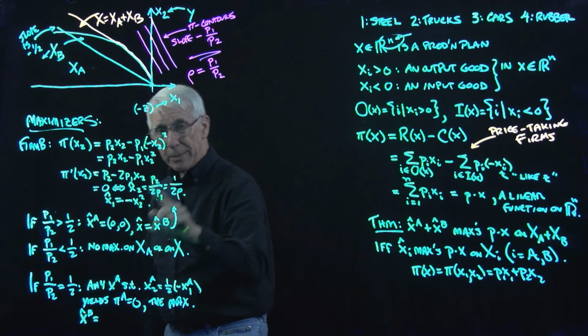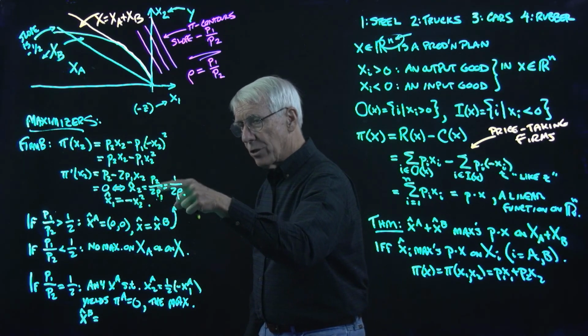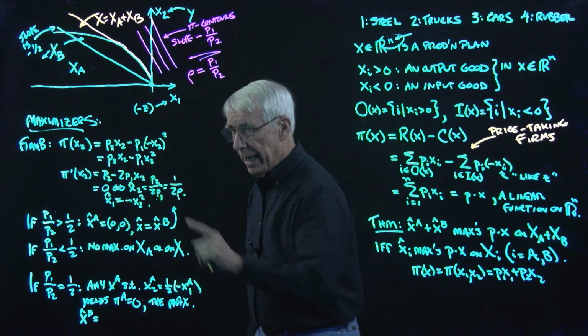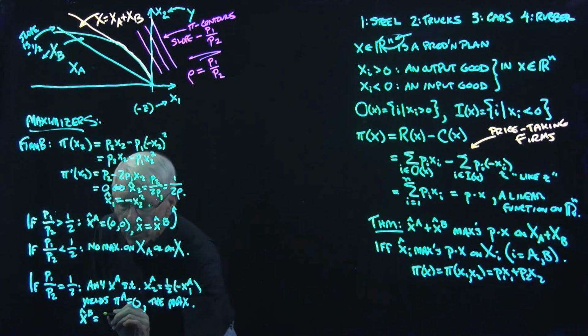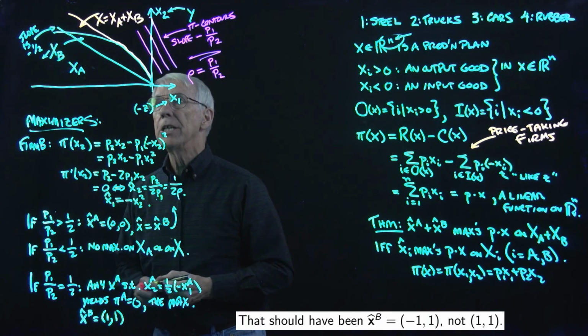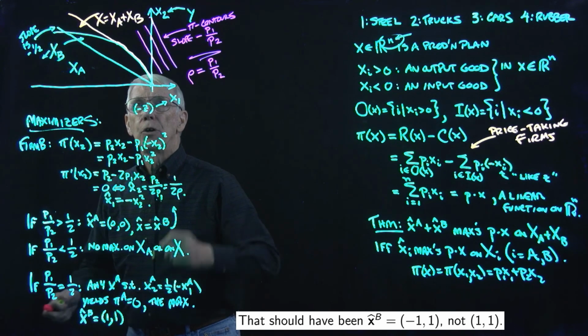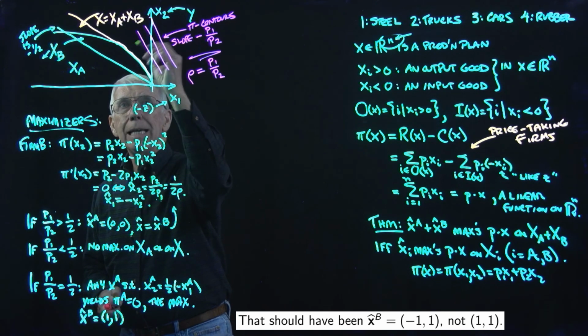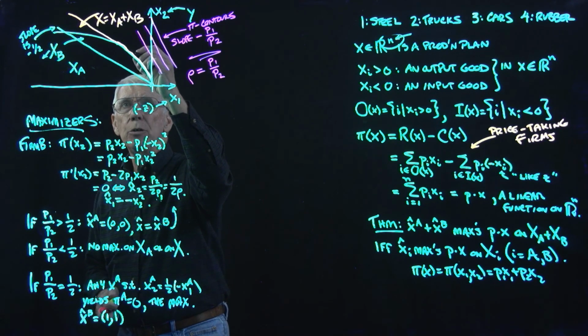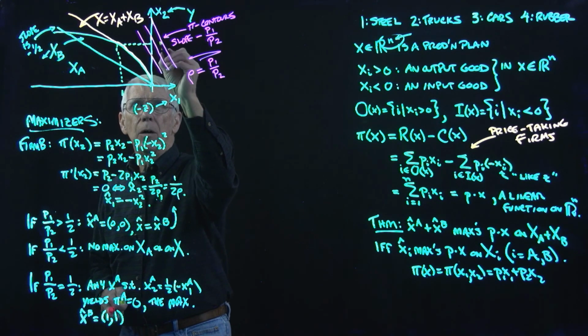Since P1 over P2 is 1/2, P2 over P1 is 2, and I have 2 over 2, so I have 1, and I have 1 here, so this is going to be 1, 1, which means that firm B will actually be producing right here. This is going to be 1, and this is going to be 1.